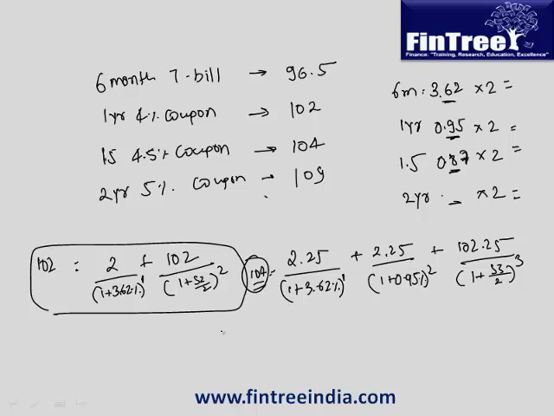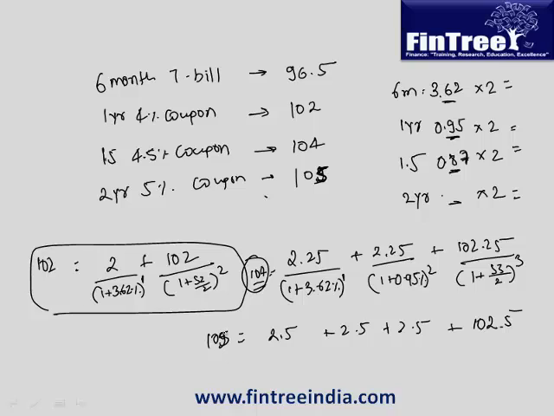Now what is the scenario? 109 is equal to 2.5 plus 2.5 plus 2.5 plus 102.5. I think this price needs to be changed, otherwise the question will go wrong. So I'm making this 105.